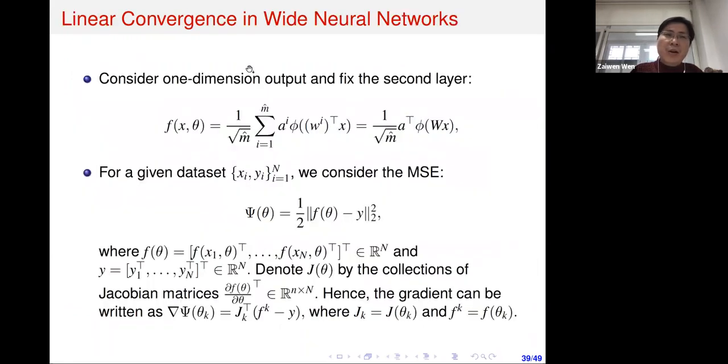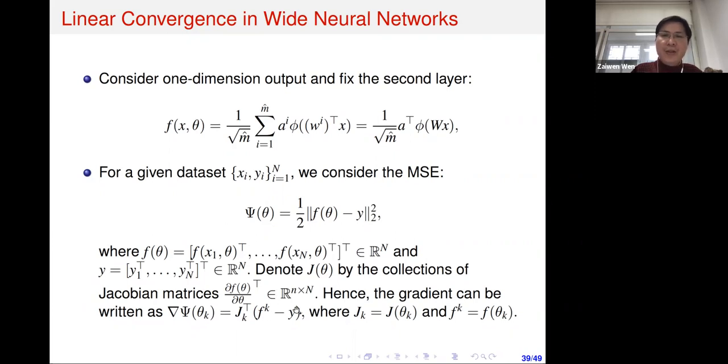We can also establish linear convergence in wide neural networks. Let's take a very simple case. The structure of the function is defined in this way, the loss function is the L2 square, and we denote the Jacobian matrix by J, and the gradient is this.